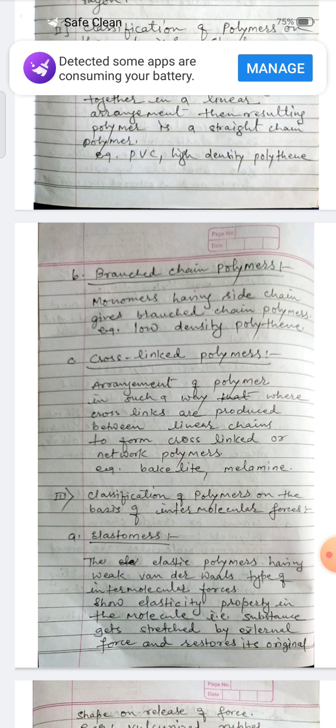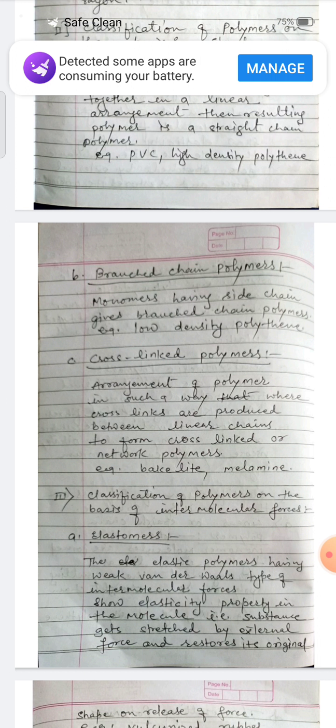Just imagine two straight chain polymers, and if they form a cross-like structure with each other, just like the sign of multiplication, then it can be called cross-linked polymers. For example, bakelite, melamine, etc.